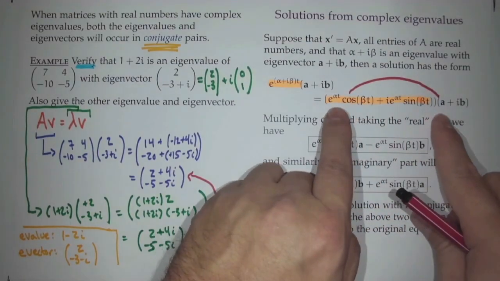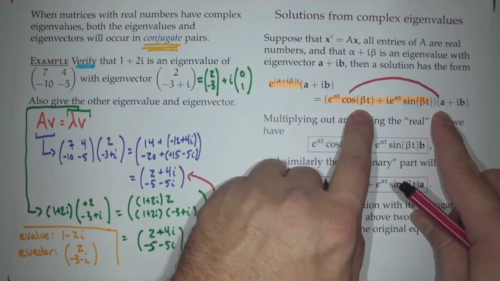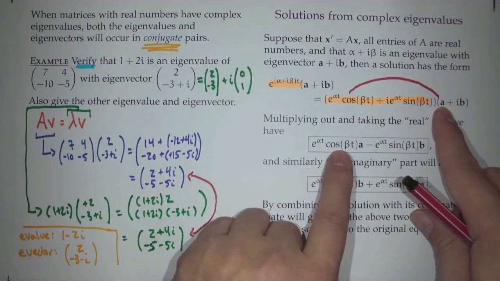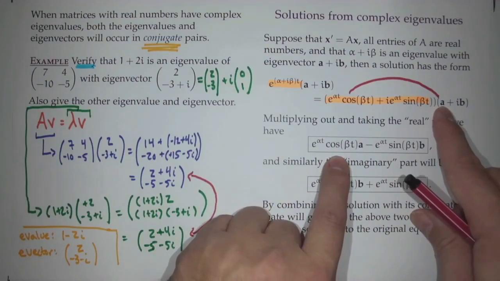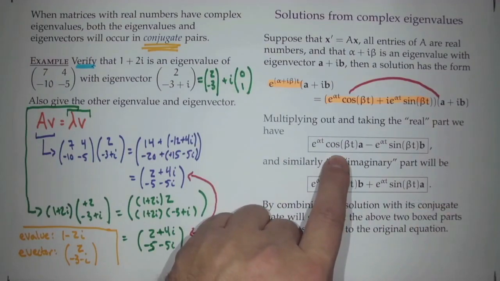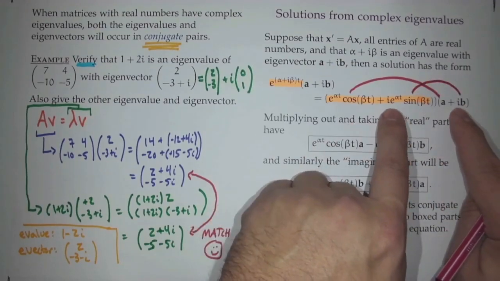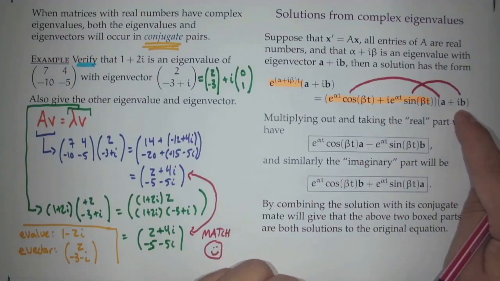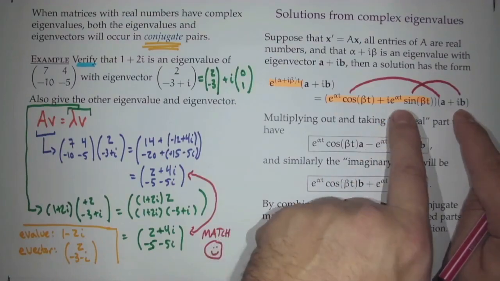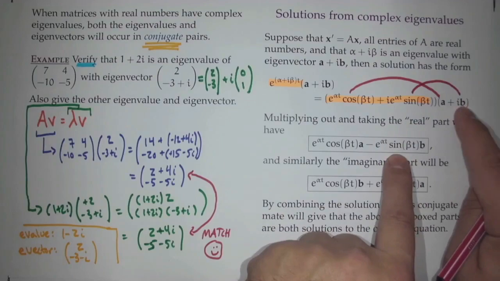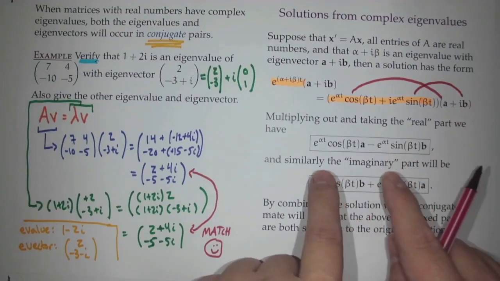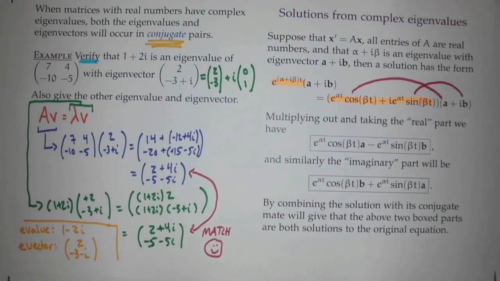So that would be e to the alpha t cosine beta t times a. So that's the first part. That's real. What else would be real? The last two. Because here you'll get an i squared. i squared becomes a minus e to the alpha t sine beta t times b. So we have the real part.